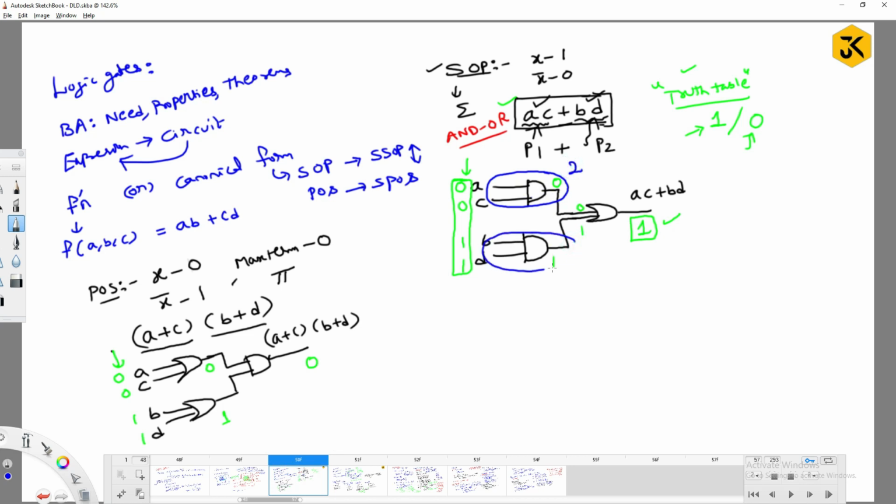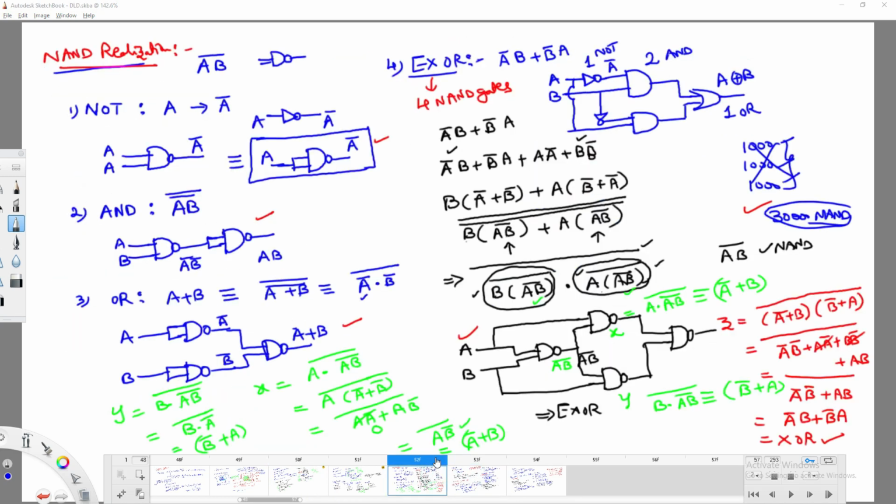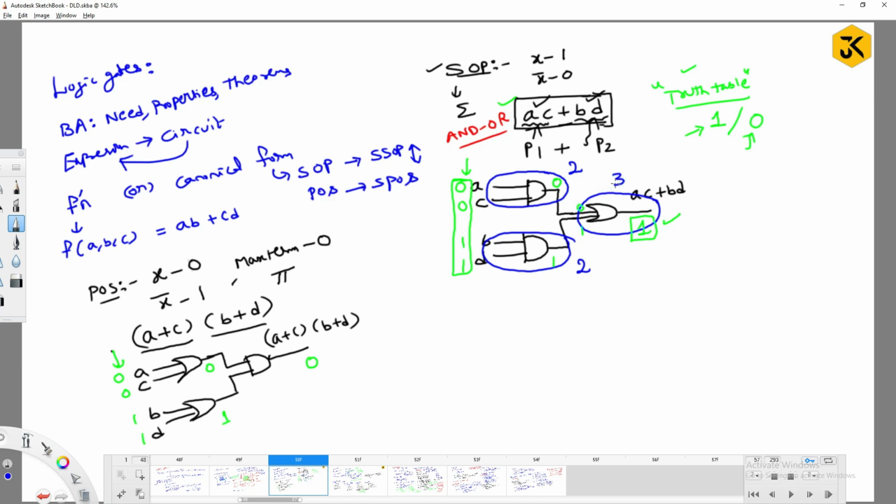In order to represent one OR gate, how many NAND gates are required? Three NAND gates are required. So a total of 2 plus 2 plus 3, 7 NAND gates are required in order to represent the AC plus BD expression or function, right?